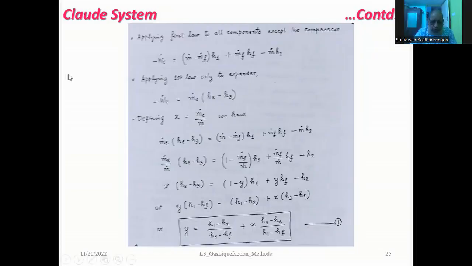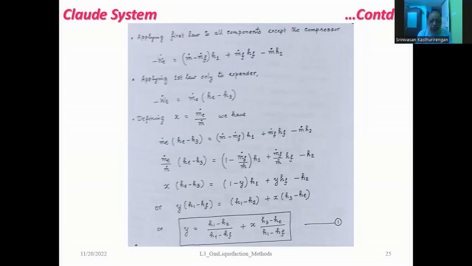What does it show? It shows the yield is now increased. The increased yield is because you are able to lose a certain amount of internal energy because of the expansion work.